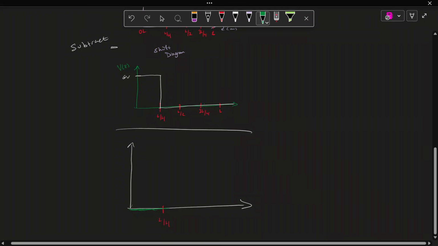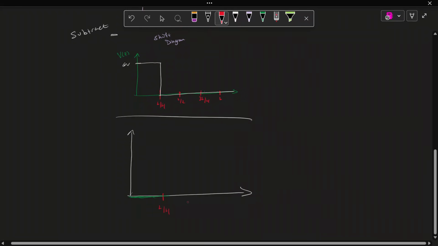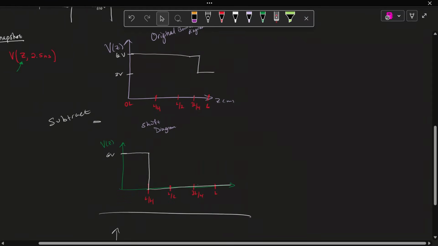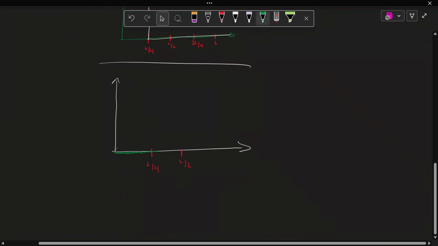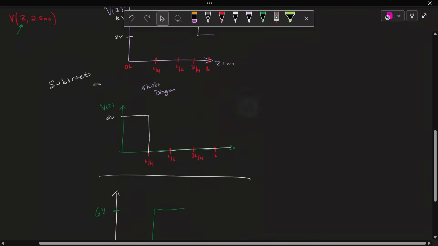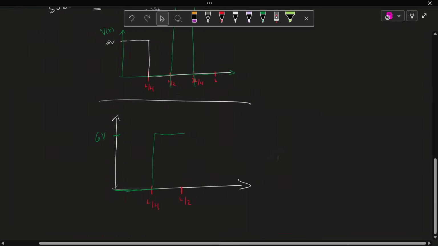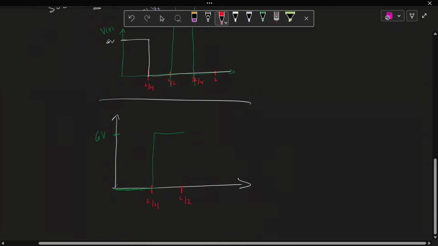Now, from L over 4 to L over 2, original minus shift. Well, that's 6, again, minus 0. Okay, so now we go from 0 to 6 volts here to L over 2. And now L over 2 to 3L over 4, about there. That's, again, 6 minus 0, so it stays at 6 until 3L over 4.